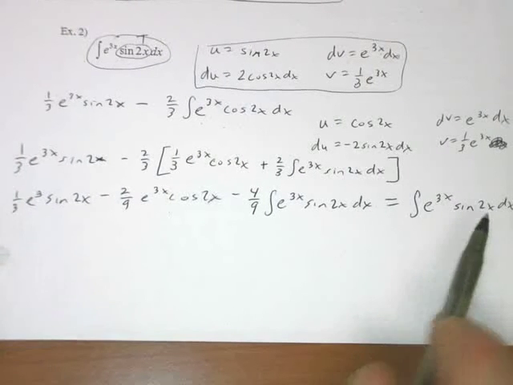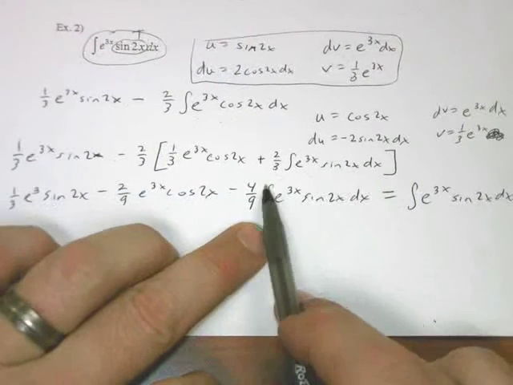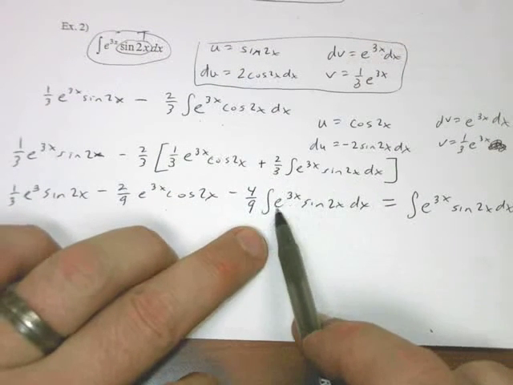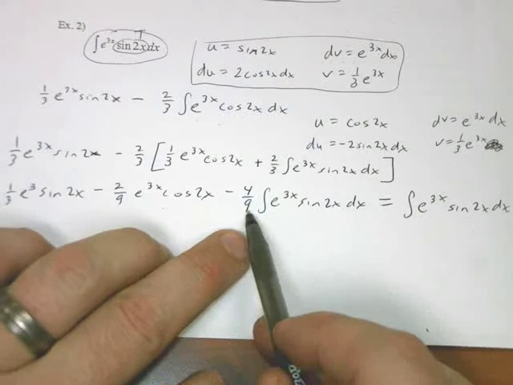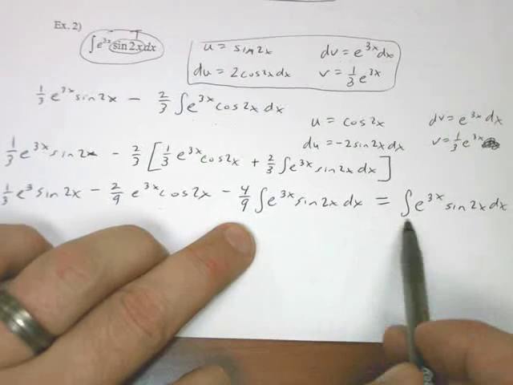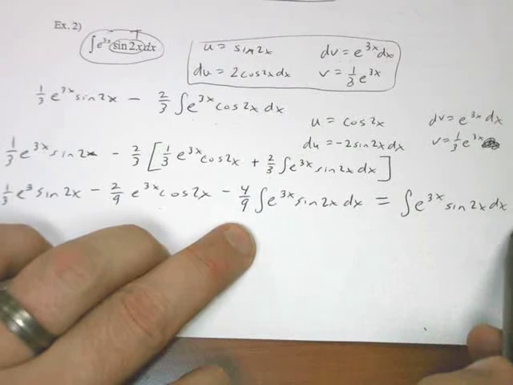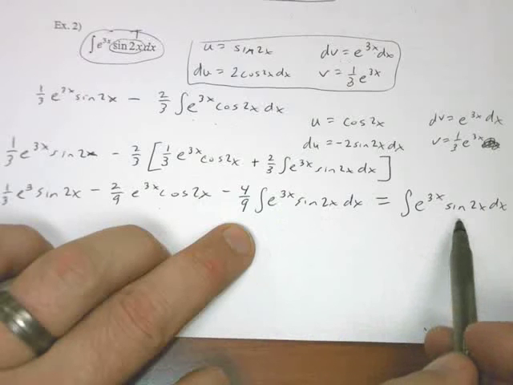Now, if we had an equation where we were trying to solve for x, think of this whole thing right here as being x. And over here I have that same thing. So basically on one side I have minus 4/9 times what I'm trying to solve for equals over here what I'm trying to solve for. So it'd be like if I had minus 4/9 x and over here I had x.